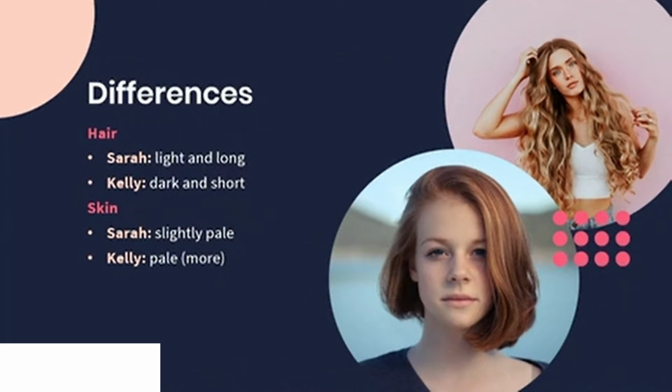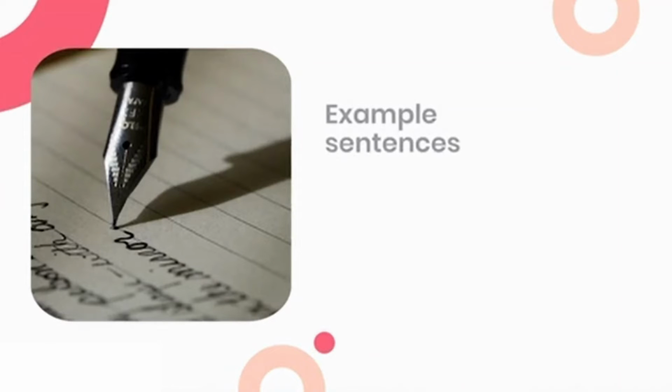Now let's talk about Sarah and Kelly's eyes. It seems like Kelly has rather dark eyes, while we've already mentioned that Sarah has light eyes. And I've used the mitigator rather to talk about Kelly's eyes, because her eyes aren't extremely dark, but they definitely are dark compared to Sarah's eyes.